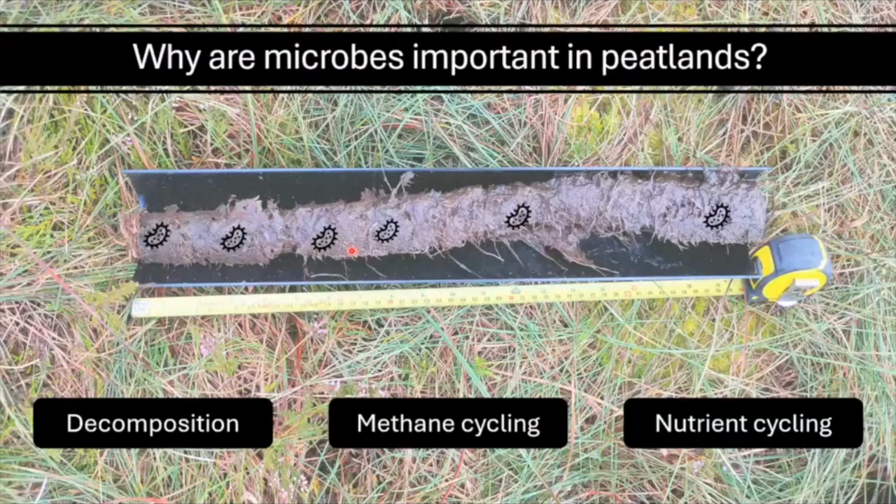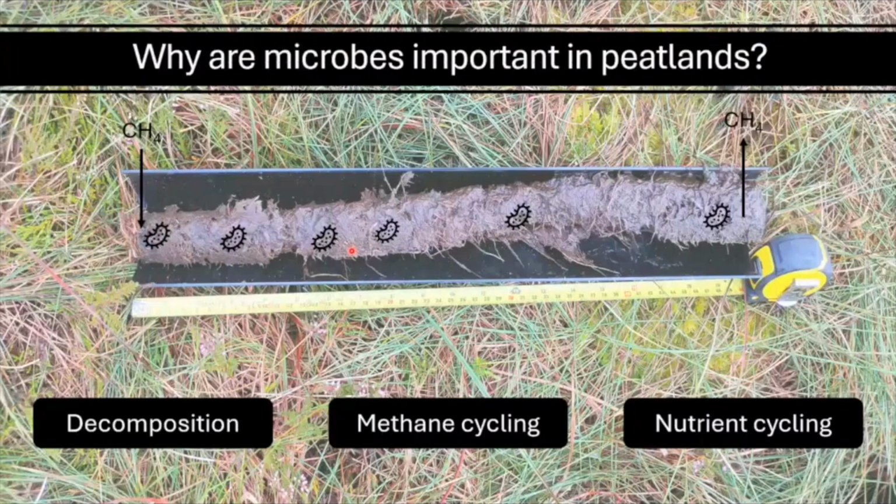Peatlands also release methane, and that is due to a certain group of microbes called methanogens, which, as part of their normal metabolism in anaerobic conditions, produce methane. There are also other groups of microbes called methanotrophs, which consume methane and can intercept the methane that's produced by the methanogens.